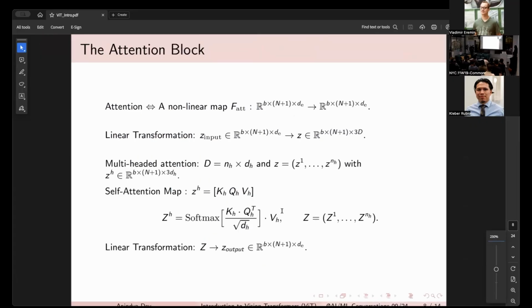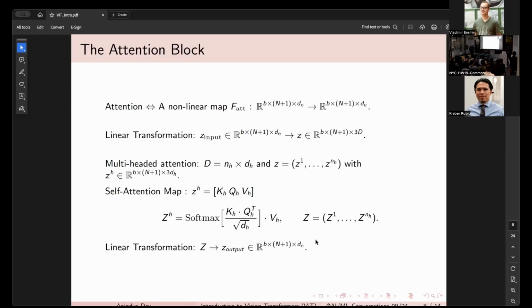You do a linear transformation, and you get a vector space whose dimension is 3 times capital D. But then multi-headed attention divides D in this fashion: N_H is the number of heads, and D_H is the dimension of each head, which all add up to this capital D. Then you do the same self-attention map for each of the heads, and then you put them together, and finally you get your tensor.